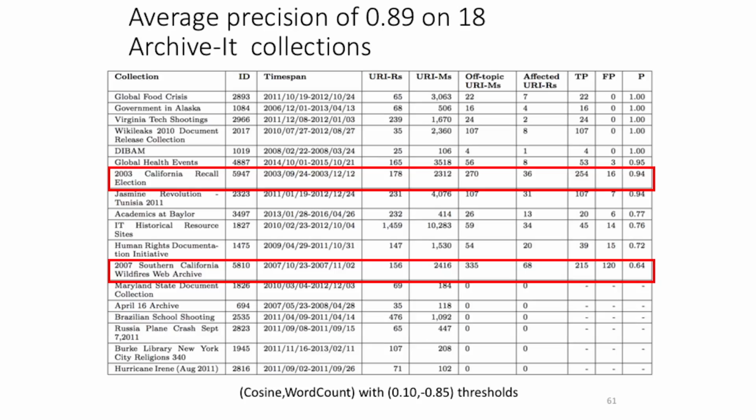Some of them had small numbers at the top, and then, here's Southern California Wildfire Web Archive, and we did really badly on this one, so we flagged 300 and some, but only 200 and some were actually off-topic. So mostly things are on topic in the collection, but it's not uniform across.